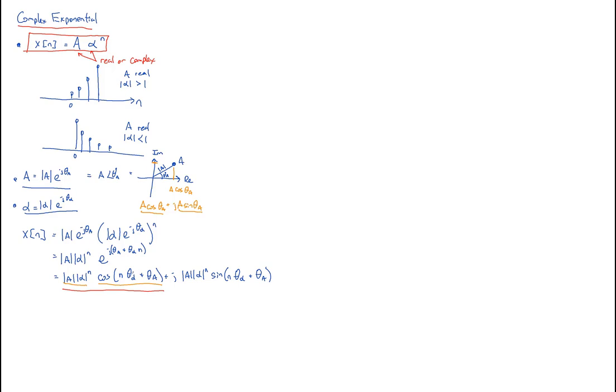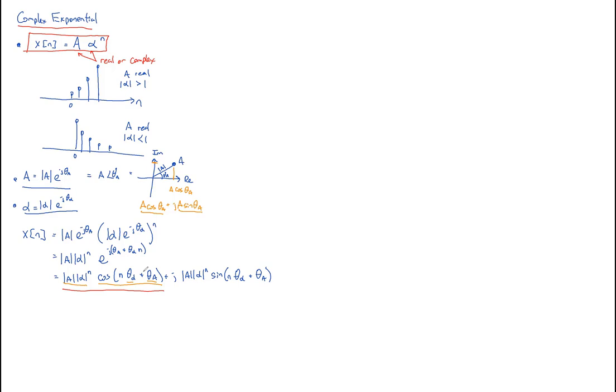And it's oscillating at this frequency with this constant offset. And if the magnitude of alpha is 1, then it neither decays nor blows up. The real part just simply looks like a cosine that's oscillating.